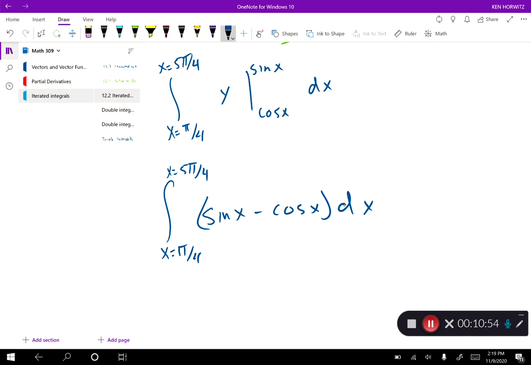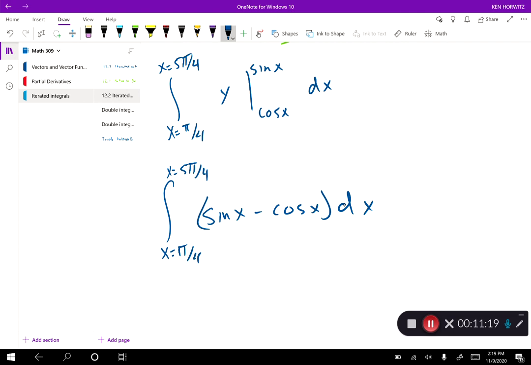So one thing to check is that after your first integral is done, whatever your variable was, whatever you integrated with respect to, that letter's got to be gone. So for example, we integrated with respect to y. So at this point, we should have no y's left. All right, and that's what we have.